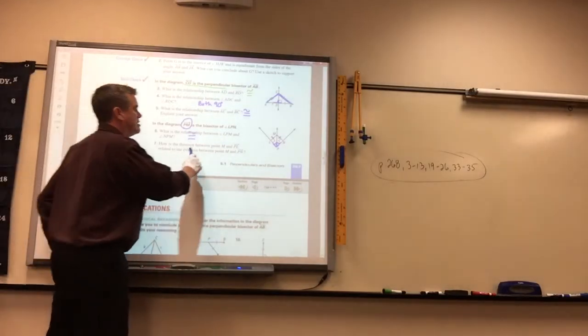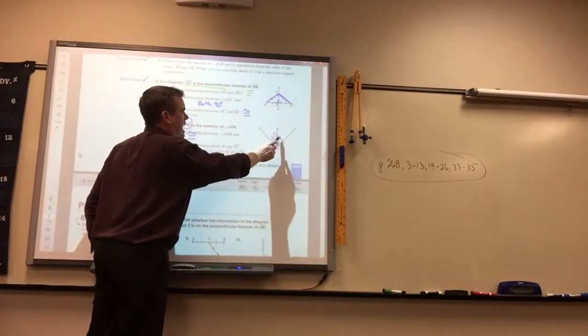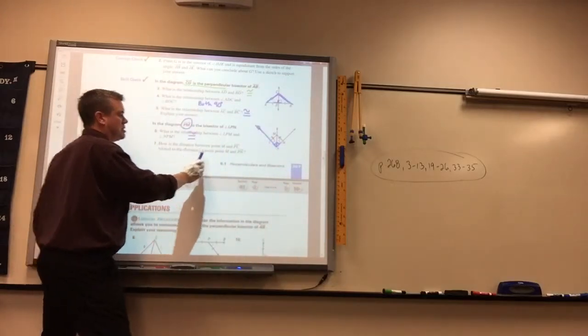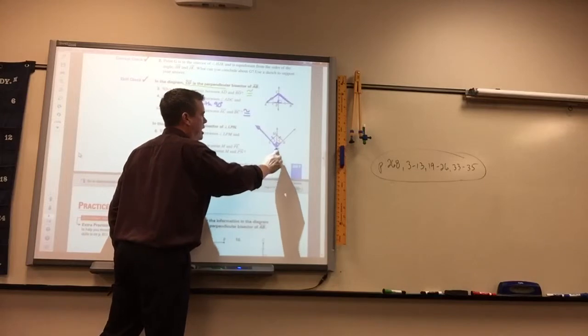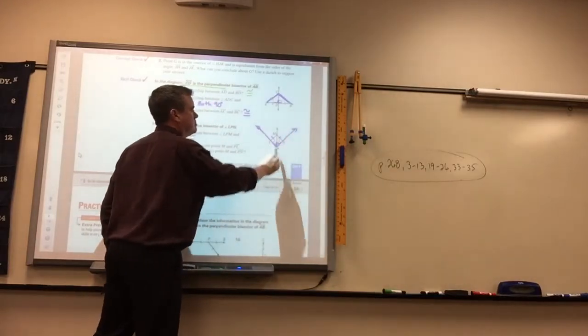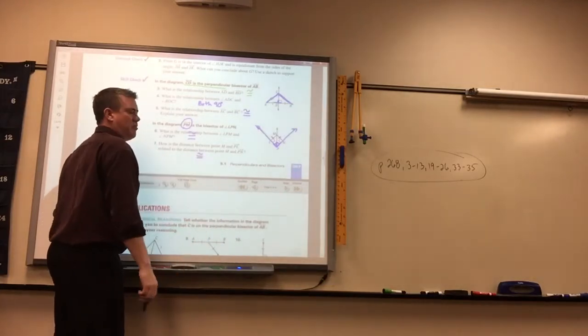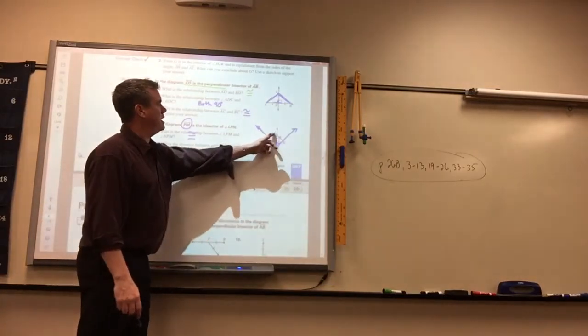How is the distance between point M and ray PL related to the distance between point M and ray PN? They're congruent. They're the same distance away.